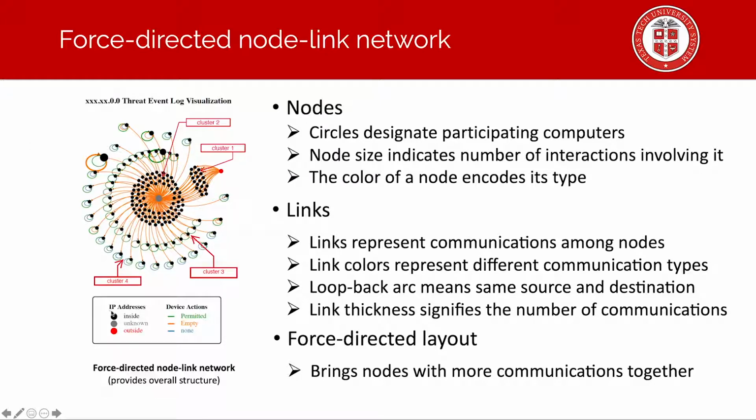The colors of the nodes indicate its type, such as inside, unknown, or outside in this case. On the other hand, links represent communication among nodes. Link colors represent the communication type, like permitted, MBL, or none in this case. The loopback link means the source and the target are the same.